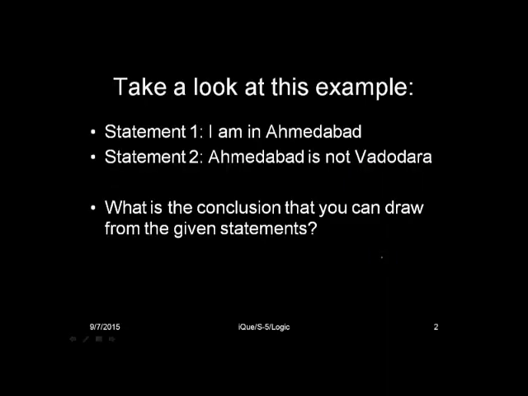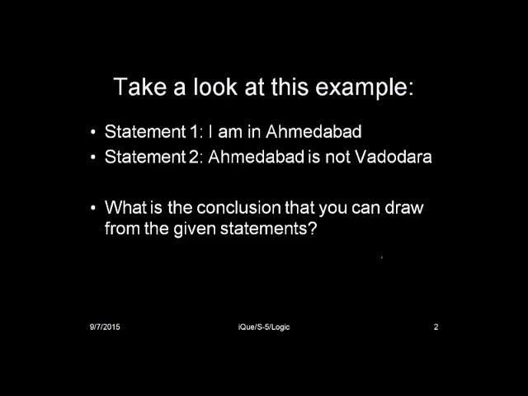Now, I'm going to take you through an example and deconstruct the example to help you understand what is meant by an assumption, right? Let us say that I give you 2 statements, 2 facts, which you have to assume are true. My first statement is that I am in Ahmedabad. My second statement is that Ahmedabad is not Vadodara.